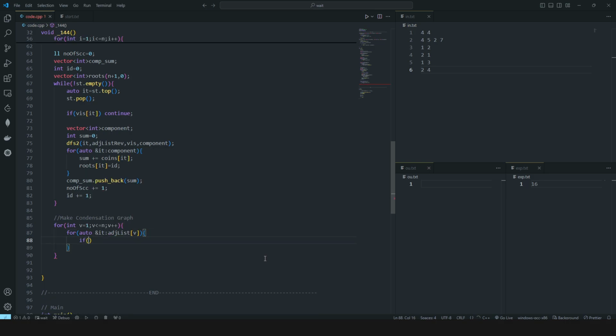And just checking if the IDs are different, that is, if the roots of this V, the roots of the current room, is not equal to the roots of this IT, it means that they belong to two different SCCs. And if they belong to two different SCCs, what will we do? We will be directing an edge from this to this.